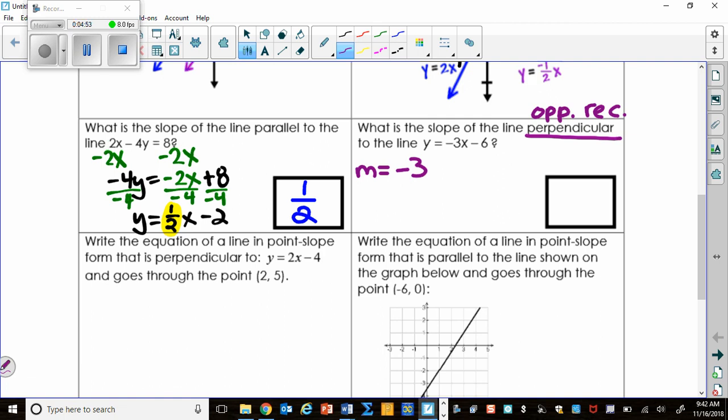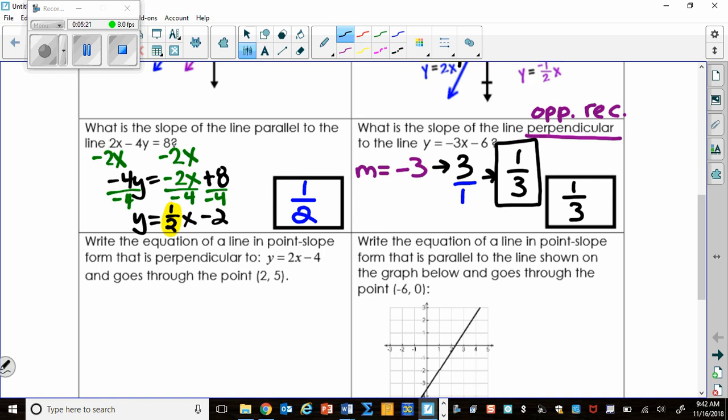So I start with -3. Then I'm going to find the opposite of -3, which is +3. Then the reciprocal of 3, I'm just going to write that over 1 because I'm going to be flipping my numerator and my denominator. And my slope is positive 1/3. So that is the opposite reciprocal of -3.